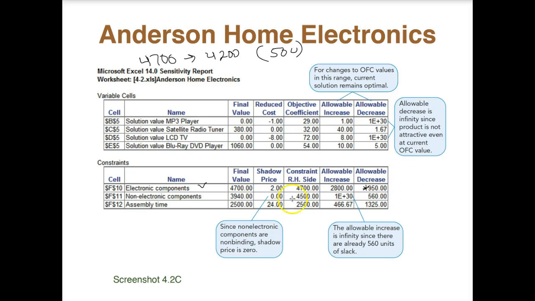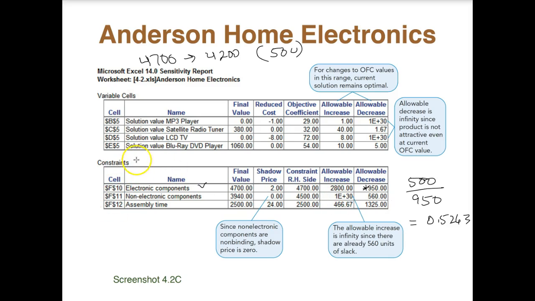So how we get that is we take the difference between what we want, which in this case is the 500, and we divide that by the allowable decrease. And so that's how we got 500 divided by 950, which gave us 0.5263 or a 52.63 percent change in our model.